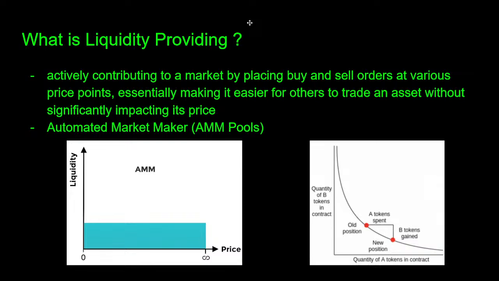But practically, when we look at any token, the price technically does trade between 0 and infinity, but practically the range is far narrower compared to the 0 to infinity range.